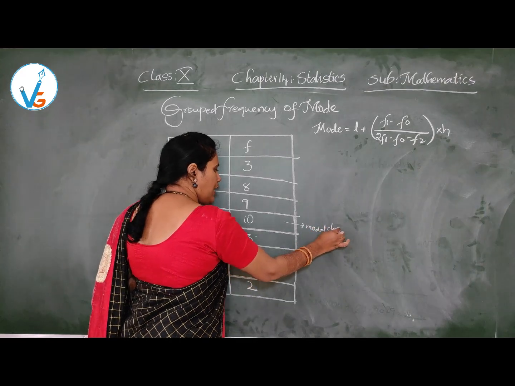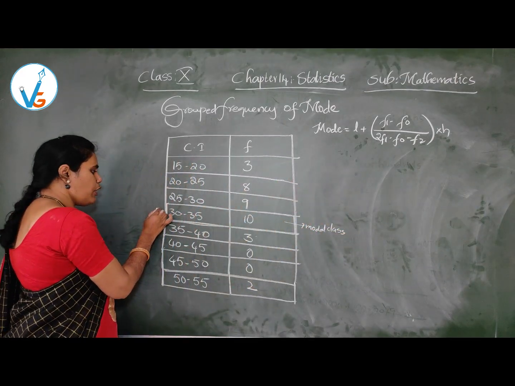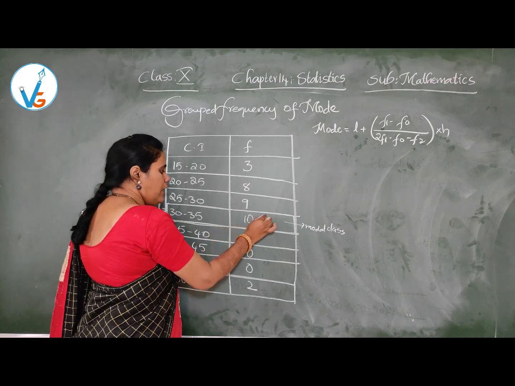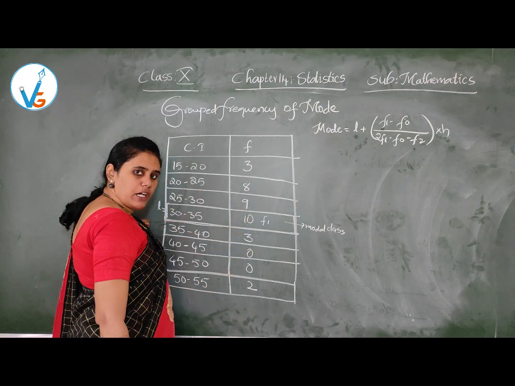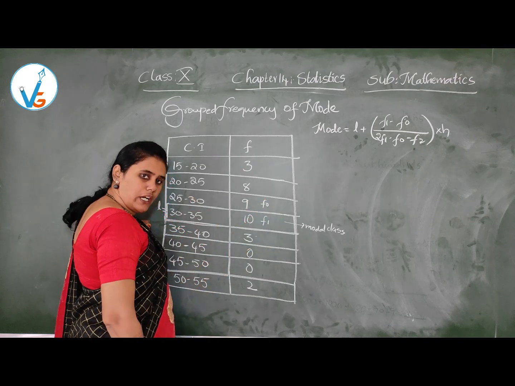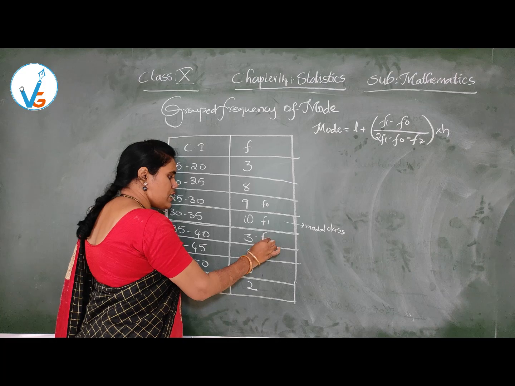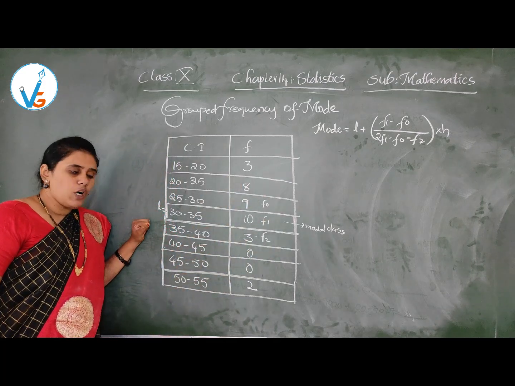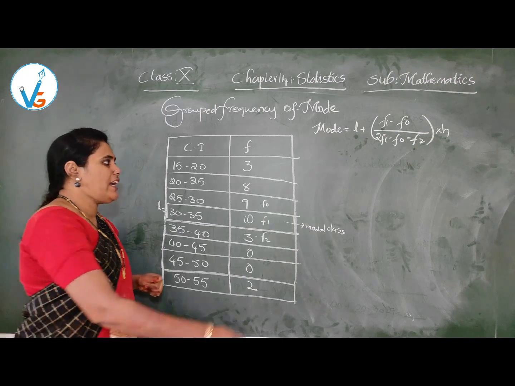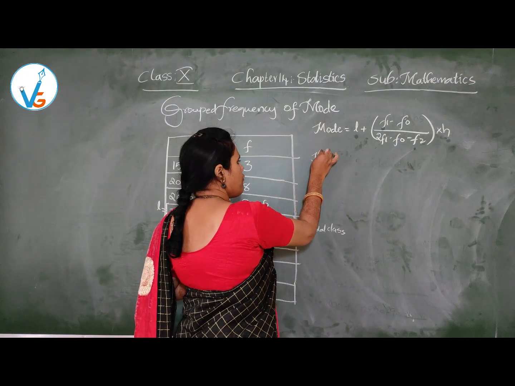So for this model class, what is our lower boundary? Lower boundary is 30. Next, f1 is the frequency of the model class, f0 is the preceding frequency of the model class, and f2 is the succeeding frequency of the model class. And what is the class height over here? It is 5. Now we have to substitute in the formula.